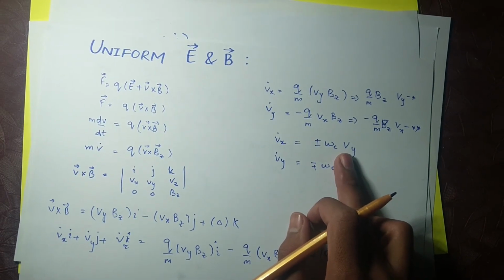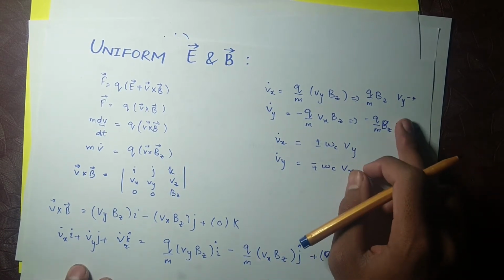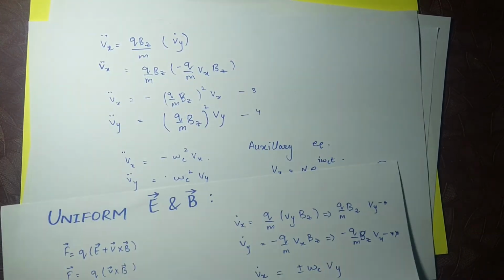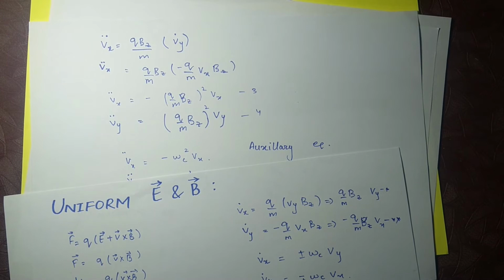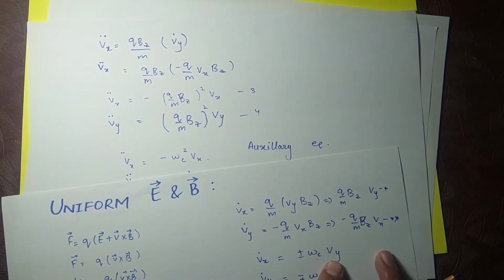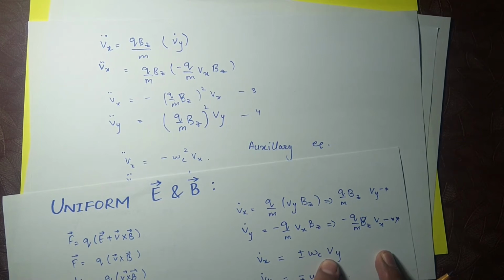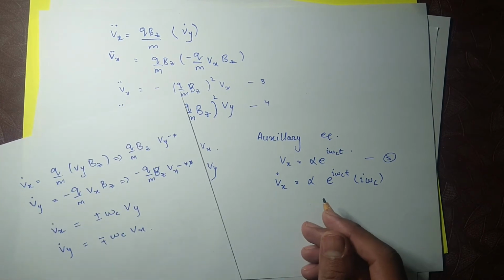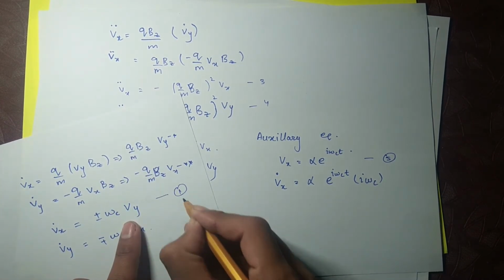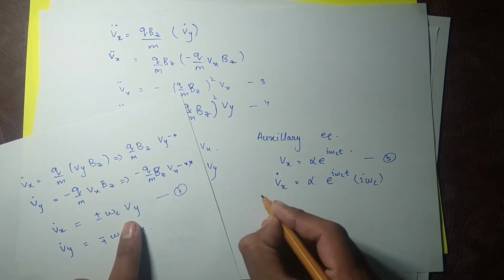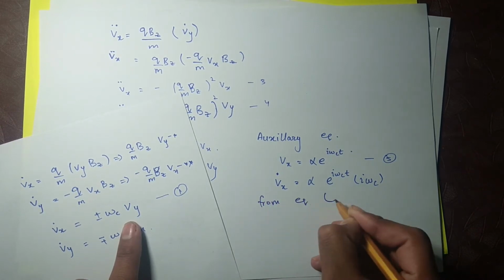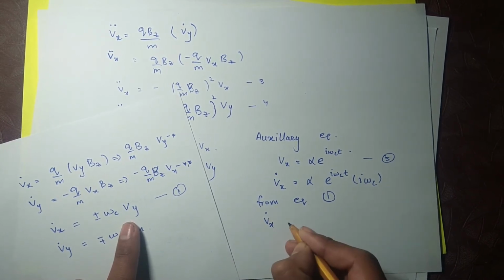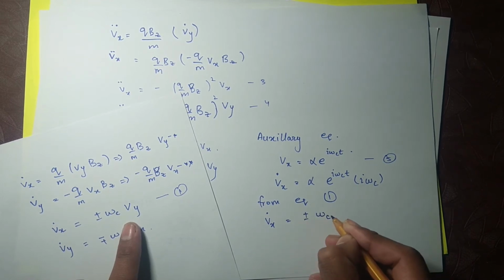Let's call this equation number 1. From equation 1, v x dot equals plus minus omega c v of y.